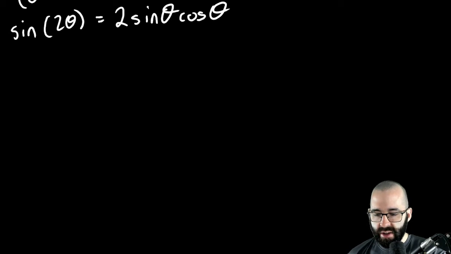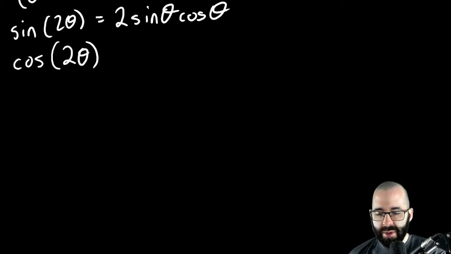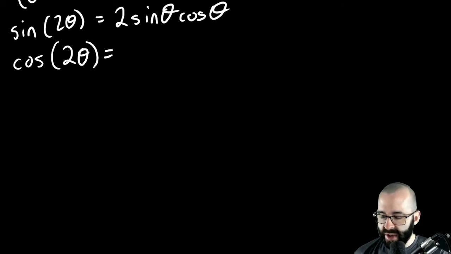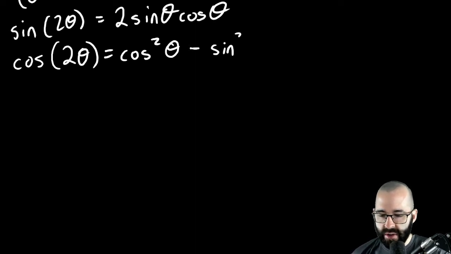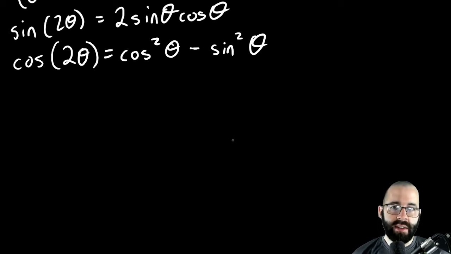Cosine of 2 theta, there's actually 3 that we're going to use. 3 double angle formulas all for cosine. So we can do the same thing that we did before to prove that this is one of the formulas for the double angle for cosine. And then we can use the Pythagorean identity to give us 2 other forms.